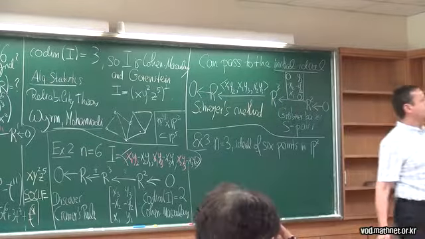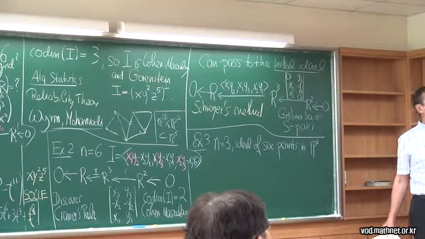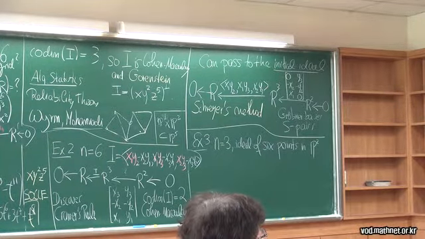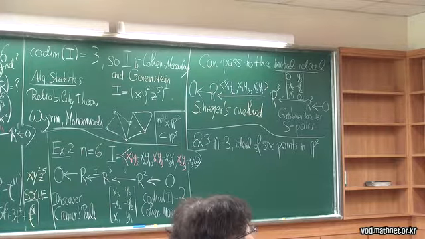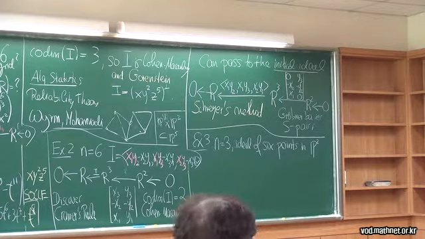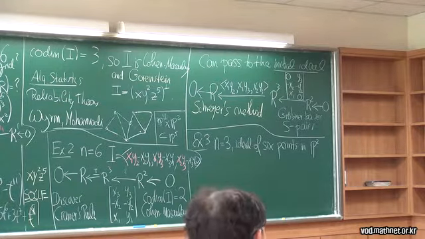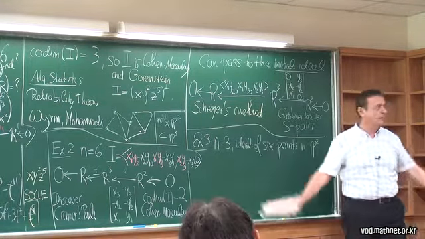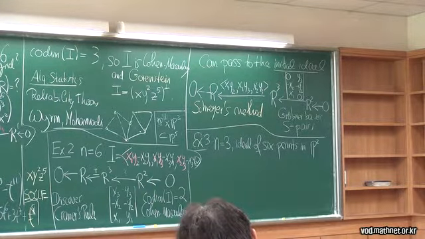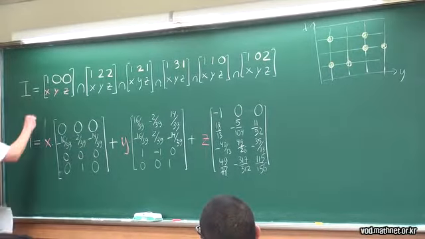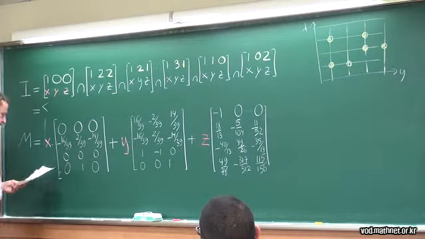Okay? Now, how do you write down the ideal? Well, what's the ideal of a point? The ideal of a point is generated by the 2 by 2 minors. Right? So if you want to speak about the point 1, 3, 1, we're interested in all homogeneous polynomials that vanish at this point. It's given by the 2 by 2 minors of this matrix. So in each case, I form the 2 by 2 minors of this matrix, just like here. I intersect these ideals, and then that's an intersection of 6 prime ideals. An intersection of prime ideals is called a radical ideal. And this homogeneous radical ideal is generated by cubics.